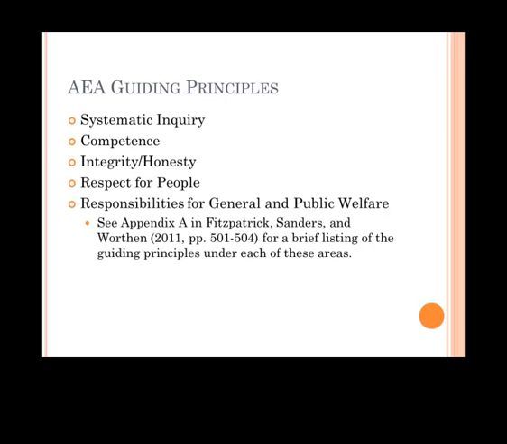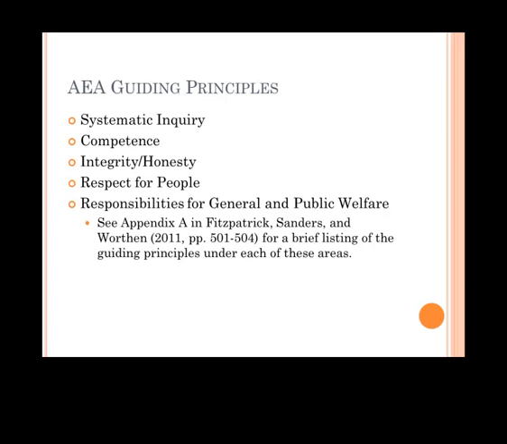The other principles include integrity and honesty, which I think speaks for itself, although you'll be interested to look in the appendix and see that there's almost a full page that talks about what integrity and honesty means in an evaluation context. This is an important one for us to look at and pay attention to.